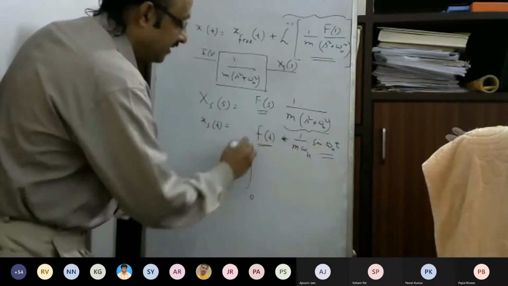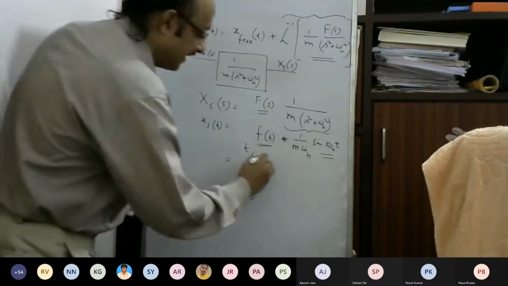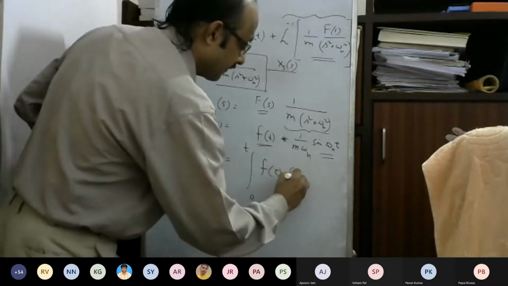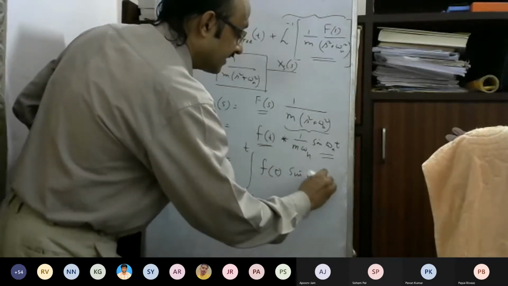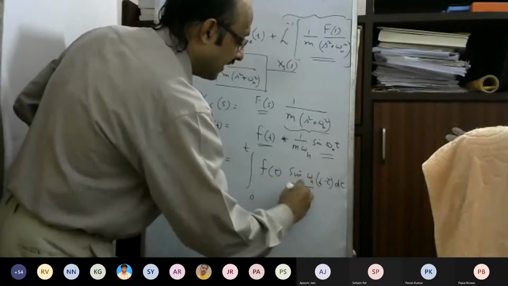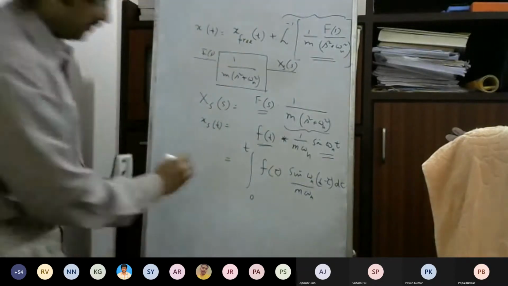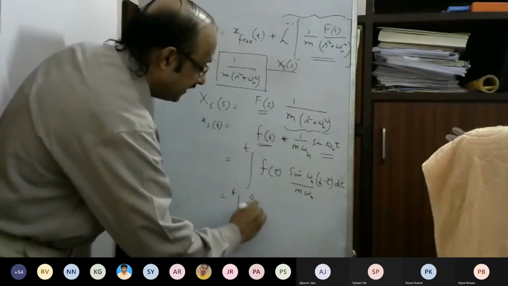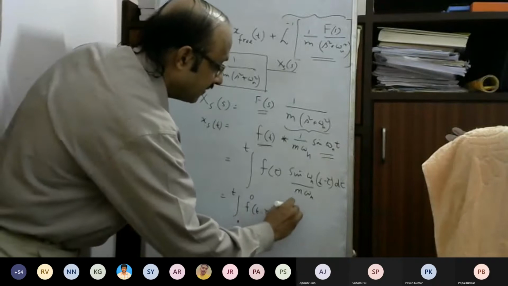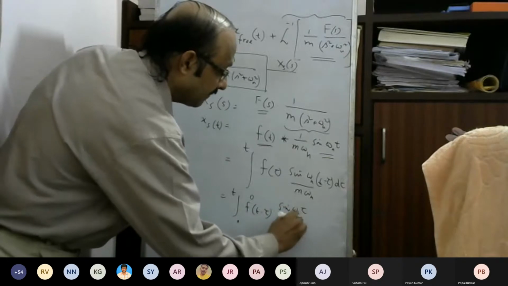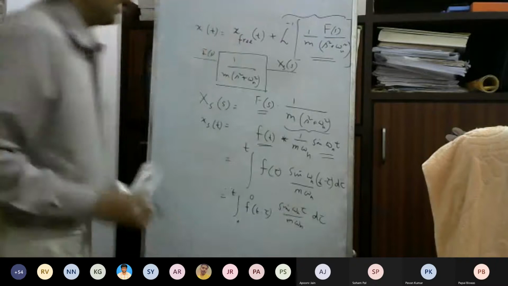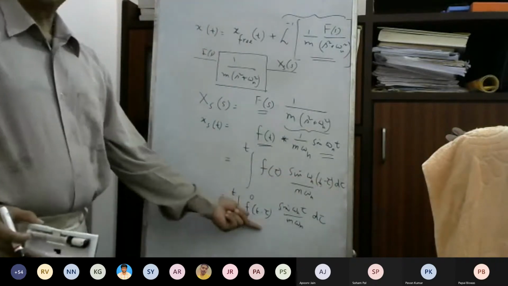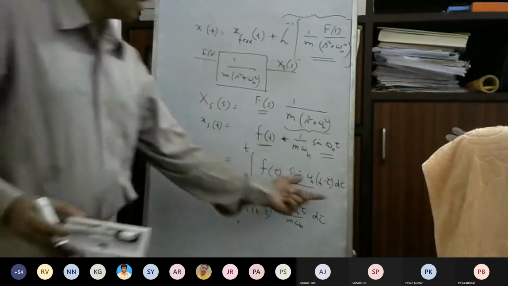This will be 0 to t, either f tau sine omega n t minus tau d tau divided by m omega n, or 0 to t f t minus tau and sine omega n tau by m omega n. Either t minus tau appears in this function or t minus tau appears in the other function. So this is the definition of the convolution integral.